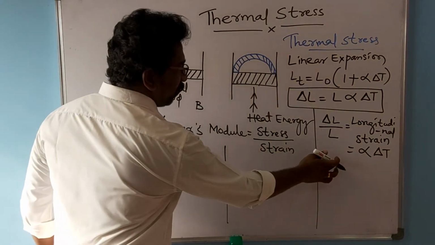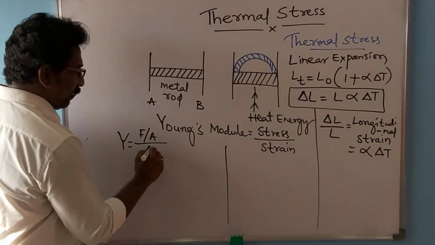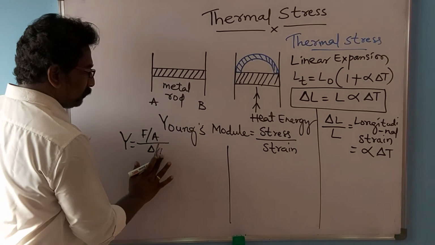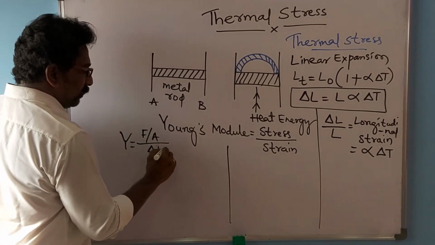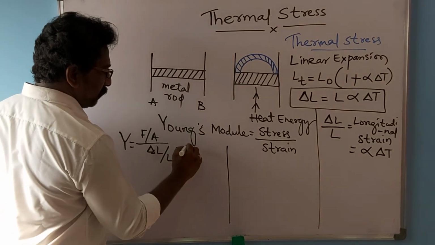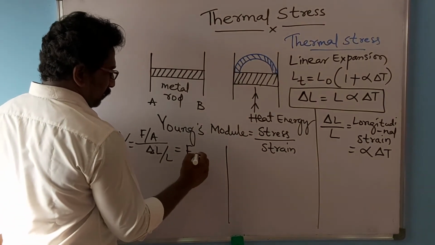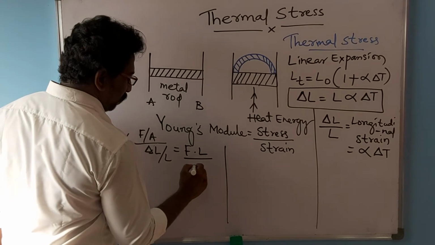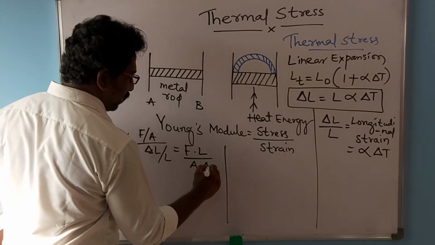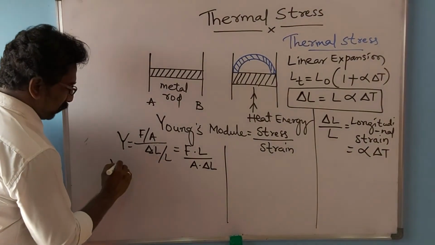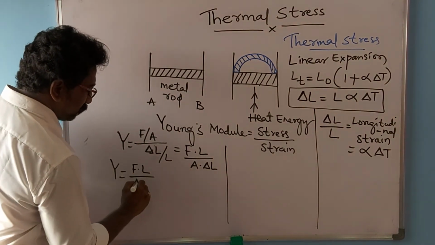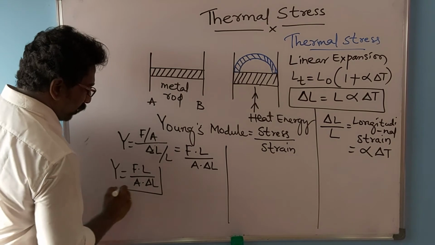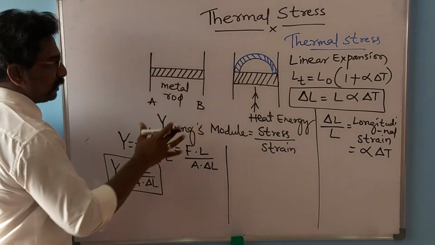The formula of longitudinal strain is delta L by L. So if I rewrite this formula, it looks like F times L by A times delta L. So Young's modulus Y is equal to F times L by A times delta L. This is the formula for Young's modulus with respect to this concept.